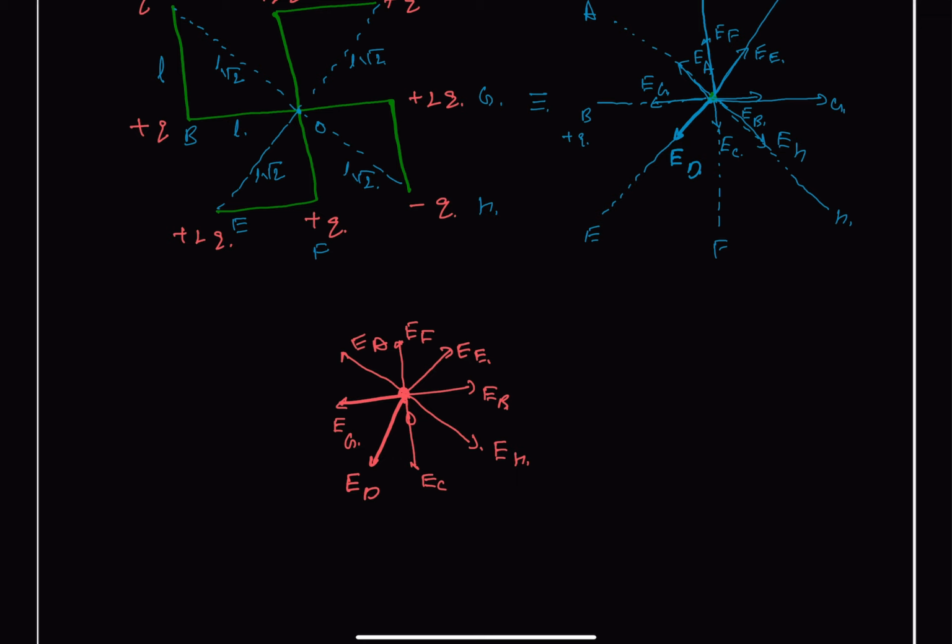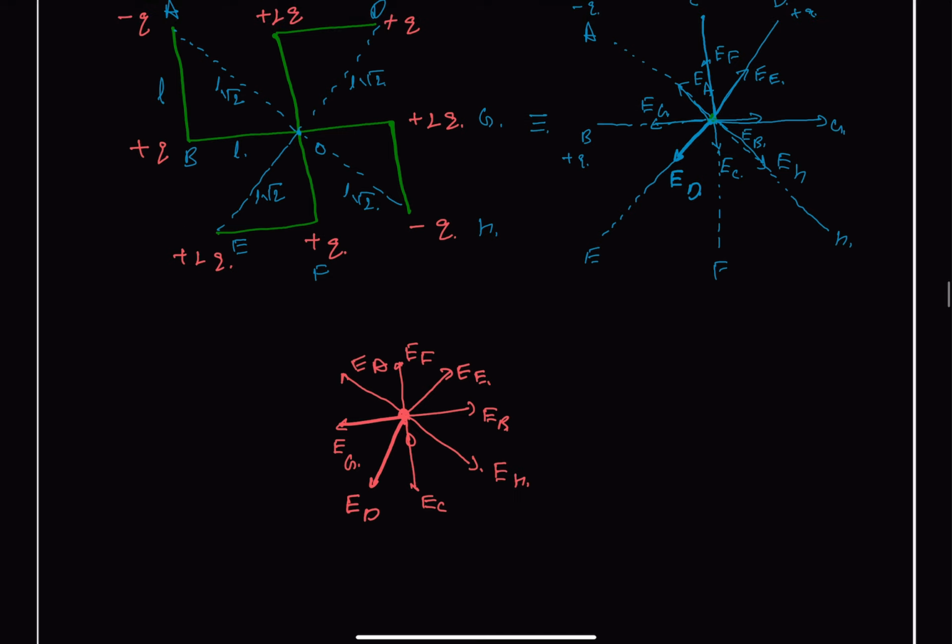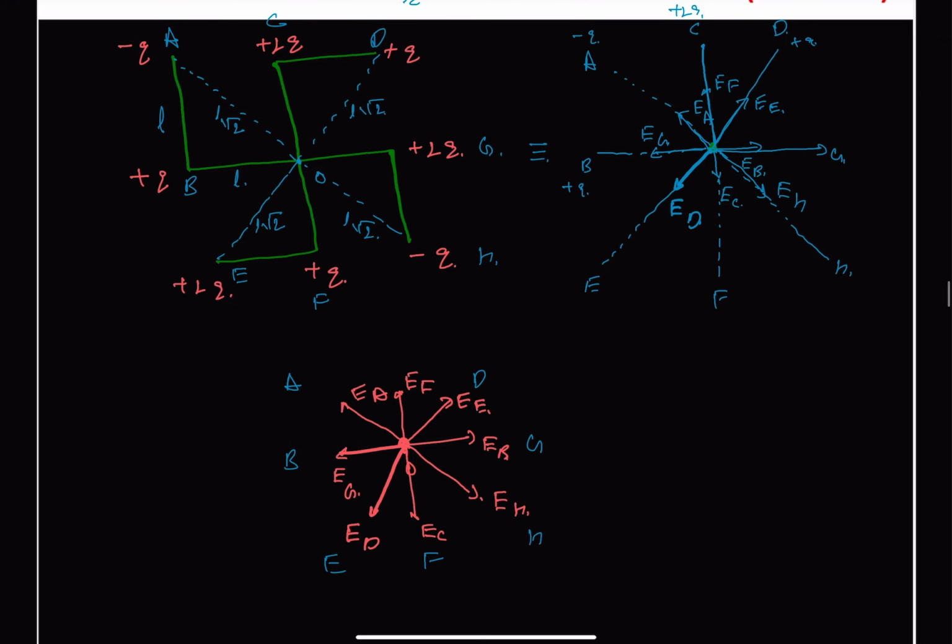Okay, now let's find out. So here we have to remember that point A is here and point B, this is point E, this is our F, H, G, and this is our D, and this is our E. Except this EH and EA, these two are negative charge.